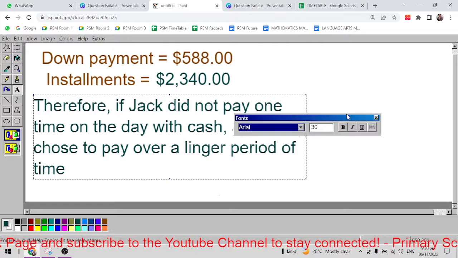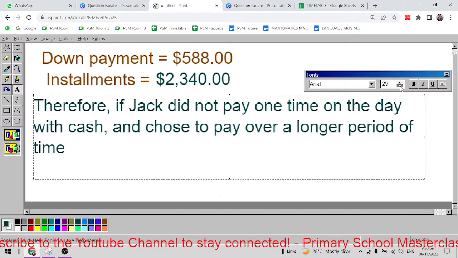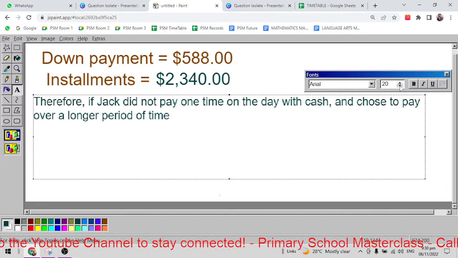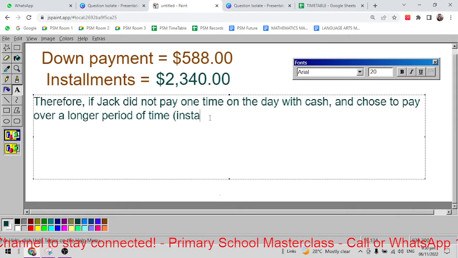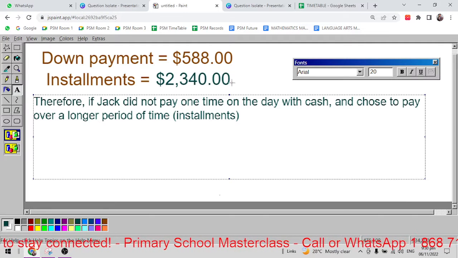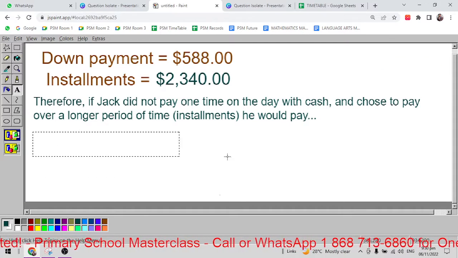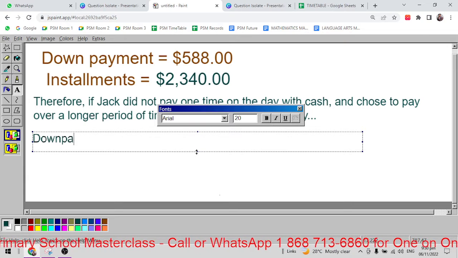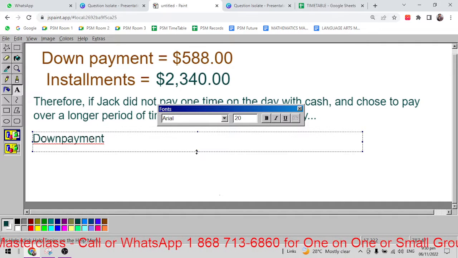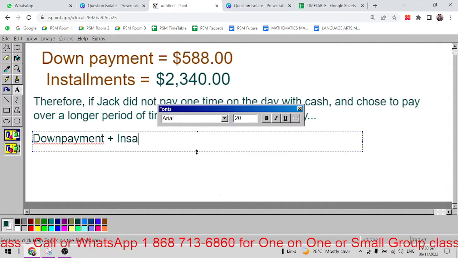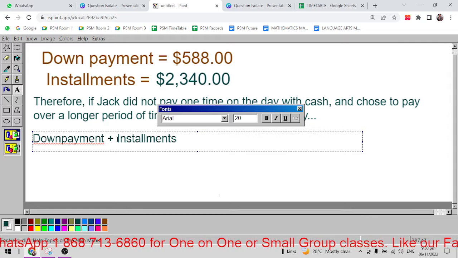I'm being very simplistic here so anybody can understand this. If Jack did not pay one time on the day with cash and chose to pay over a long period of time, which would be installments, he would pay the down payment plus the total installments.